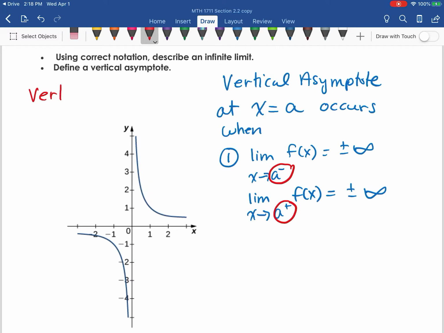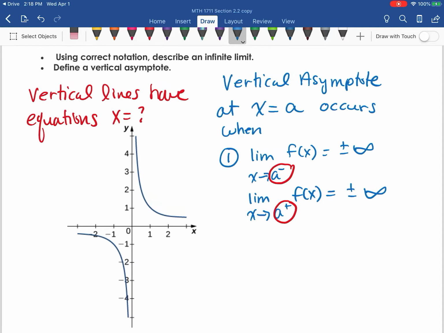Now, because it's a vertical asymptote, remember, vertical lines have equations x equals, and then whatever the value of x is, that it passes through all those x values.